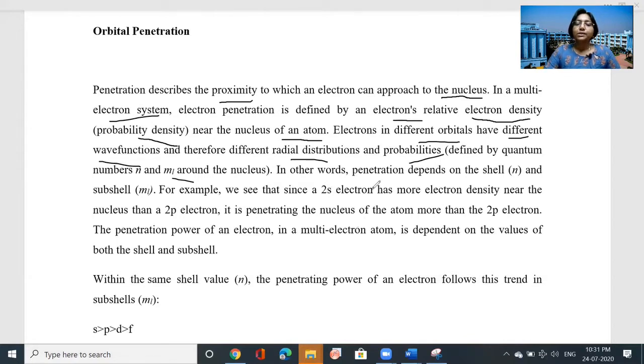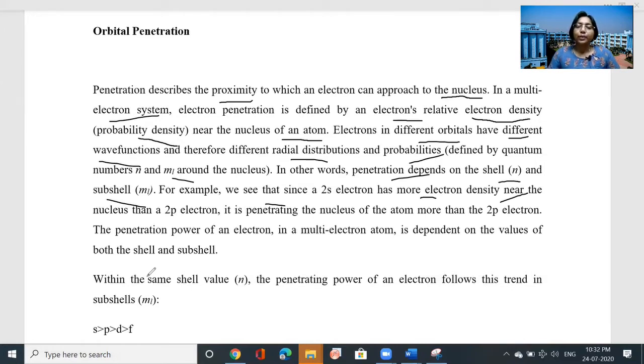In other words, penetration depends on the shell and subshell, that is n and l. For example, since a 2s electron has more electron density near the nucleus than a 2p electron, it penetrates the nucleus of the atom more than a 2p electron.